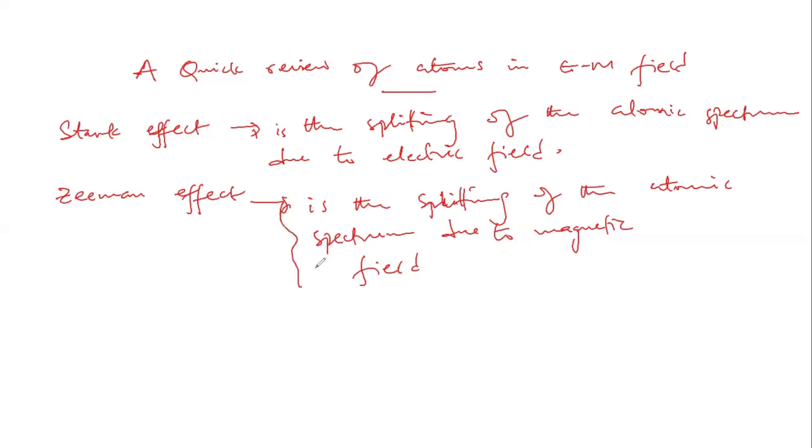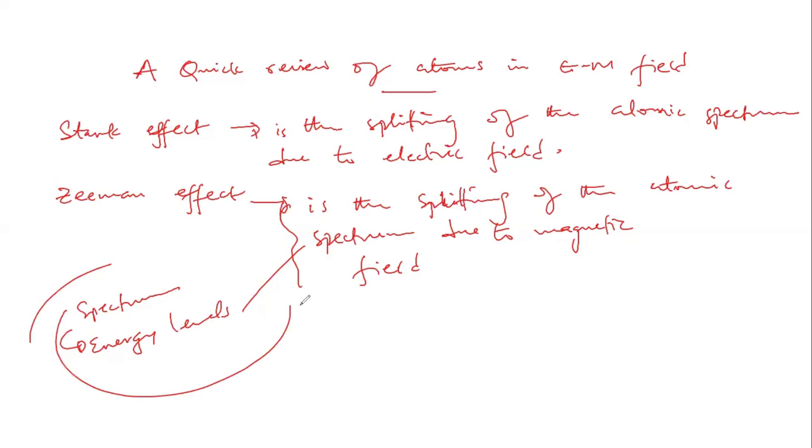When we talk about the splitting of the spectrum in this case, it has to do with the energy levels. What we actually mean here is the splitting of the energy levels due to some background field, be it electric or magnetic field.